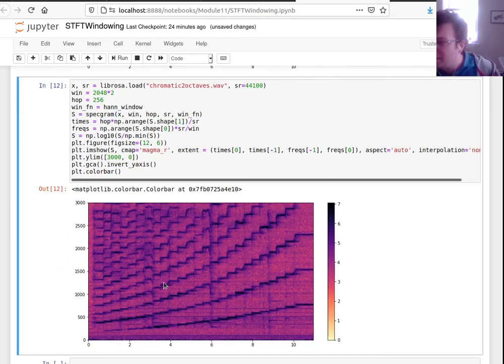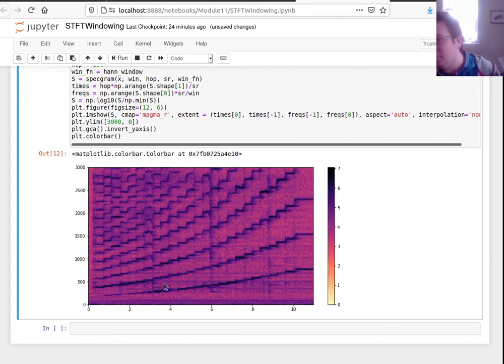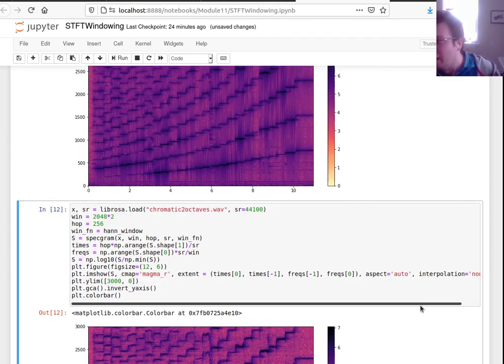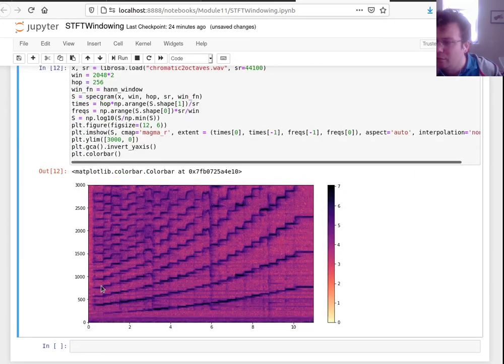Yeah, I would say that this is a little sharper in some ways. It makes it stand out against the background, and I guess that's the whole idea. You could see the bleed here a little bit more between harmonics. Here they really stand out from the background. That's what the difference is.